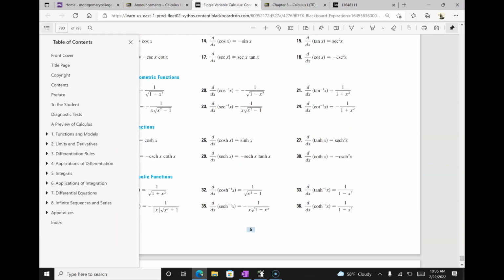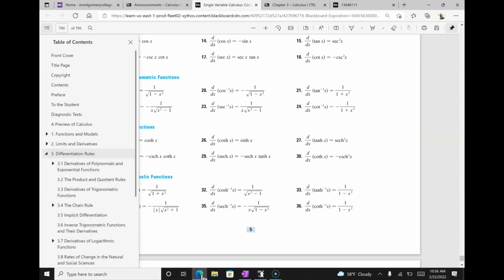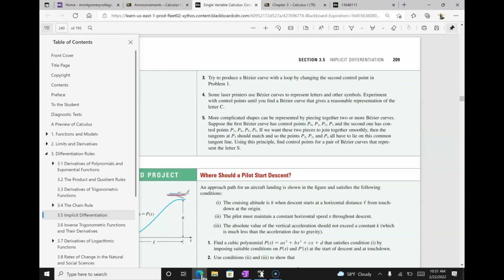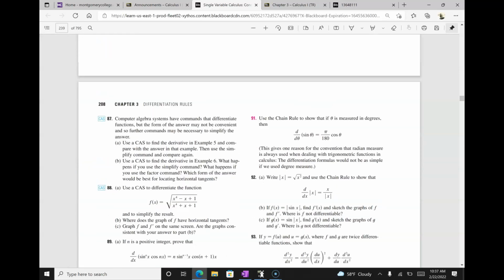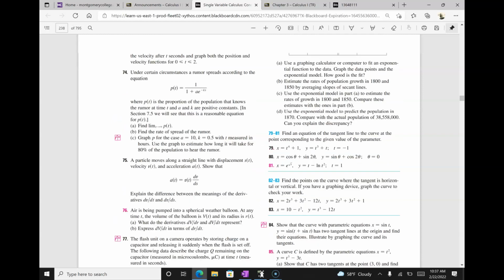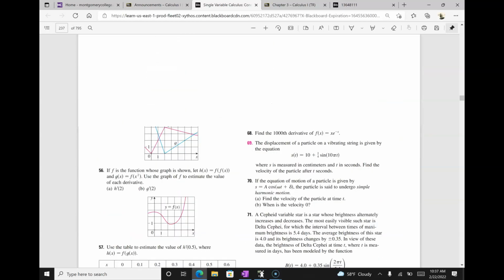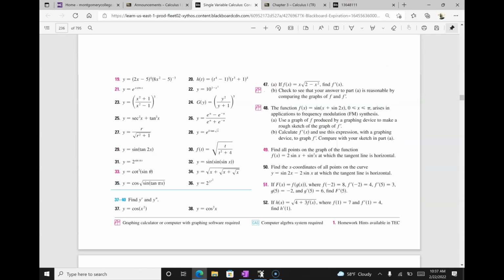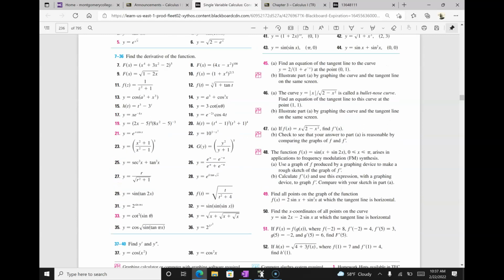All right, so anyway, I want to go to chapter 3, 3.4, and let's pick a problem there to do. What do you think, 23 or 24?